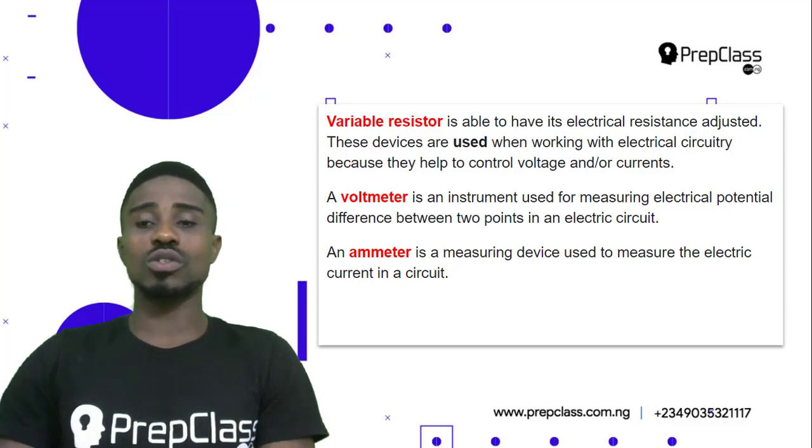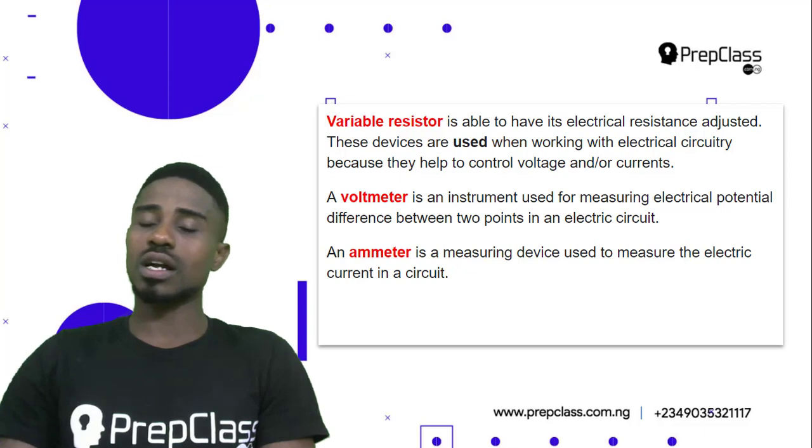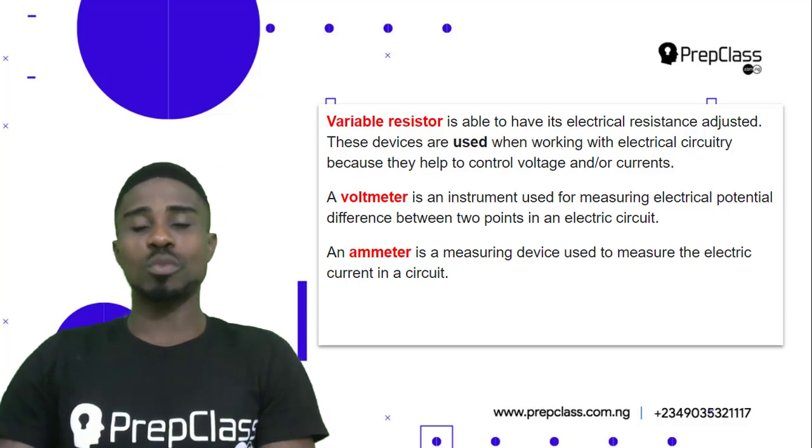So variable resistor helps to adjust electrical resistance. These devices are used when working with electrical circuits because they help to control voltage and or current. It brings about electrical resistance, and it also helps to control voltage and or current. So variable resistor is required in an electric circuit.